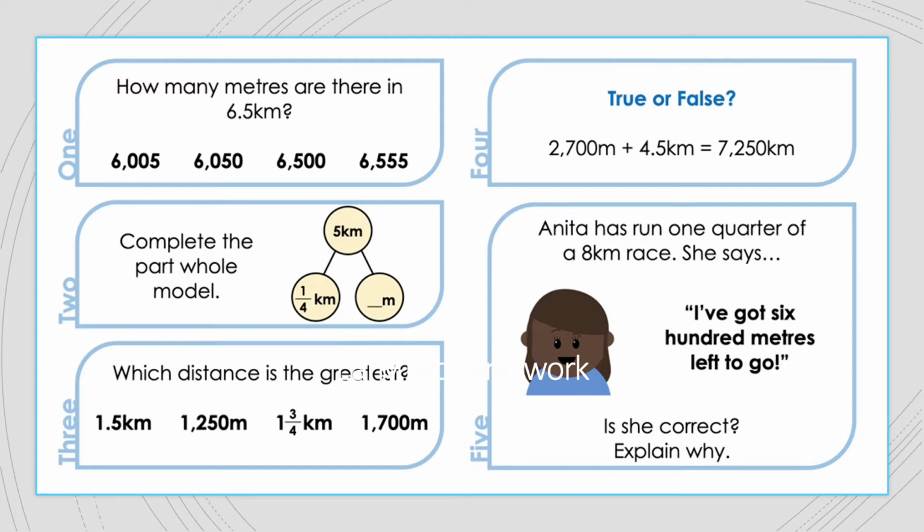Number 2, complete the part-whole model. You've got 5 kilometers at the top, and the 5 kilometers is made up of a quarter of a kilometer. How many meters was that? And then so many meters. What I would do is change your 5 kilometers into meters. 1,000 meters equals 1 kilometer.